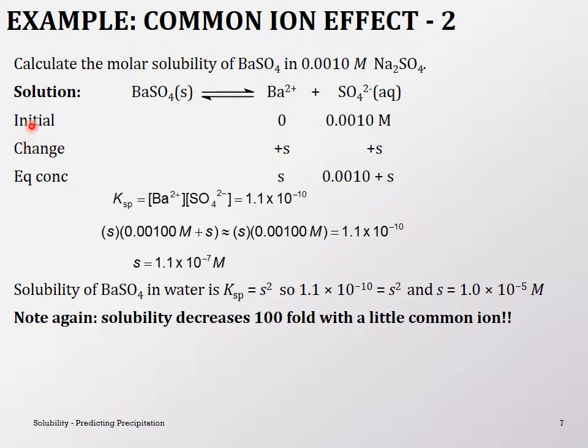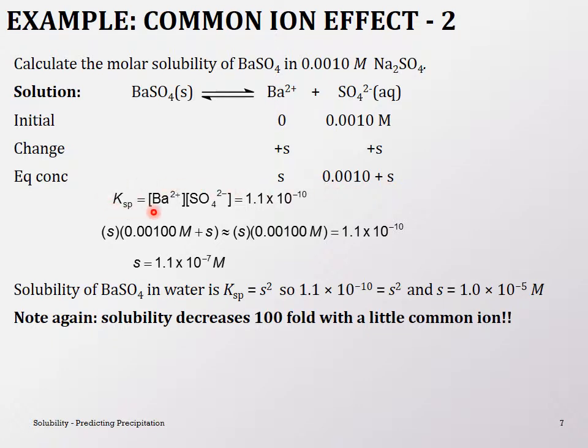The initial concentration of barium is 0, but sulfate is already present, coming from the sodium sulfate, so 0.01 molar. The change in concentration would be plus S for barium and also plus S for sulfate coming from barium sulfate. The equilibrium concentration then is S for barium and 0.01 plus S for sulfate.